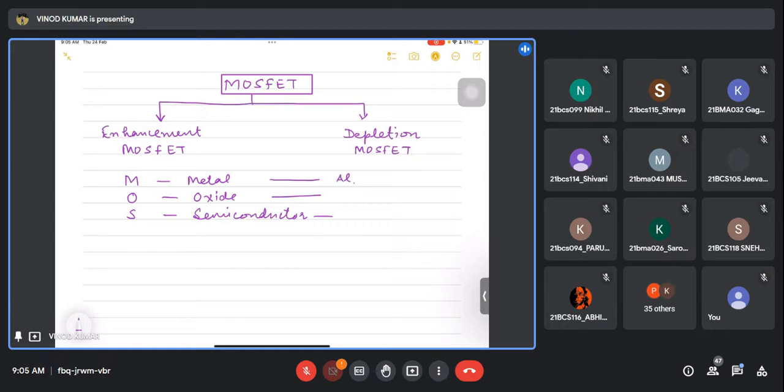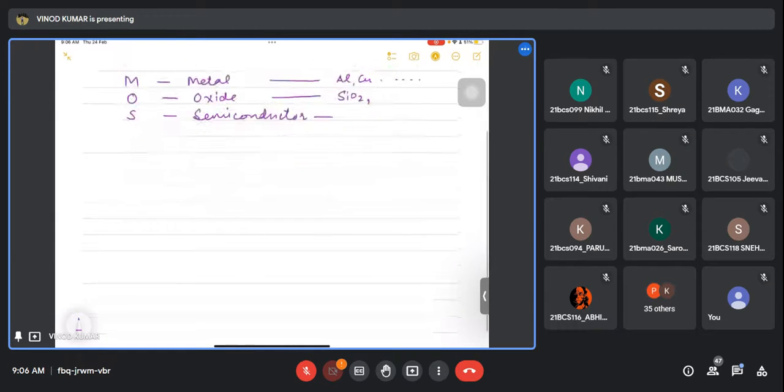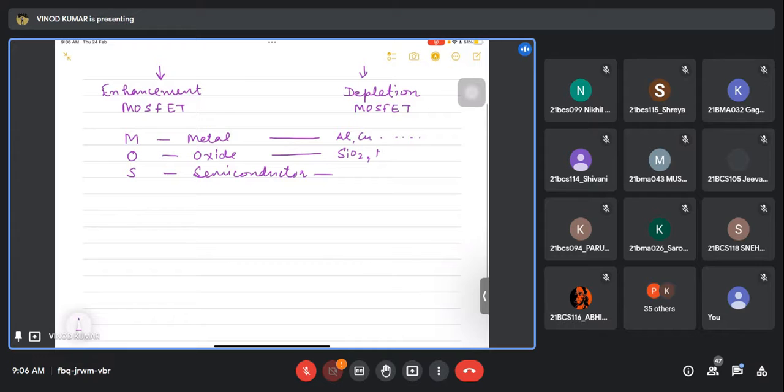Metals, we can use aluminium, copper. Oxide, we are using silicon dioxide. Okay, और भी यूज कर सकते हैं HFO2, right, and Al2O3 like this.